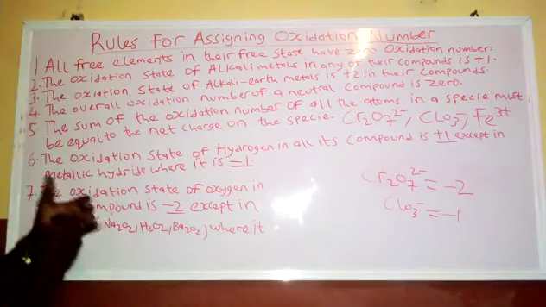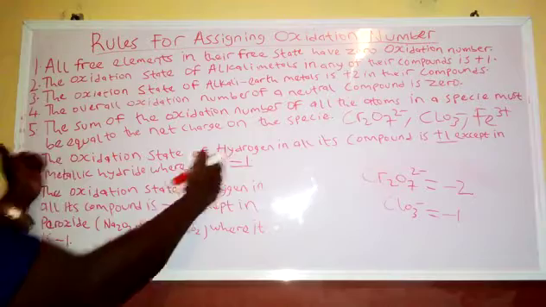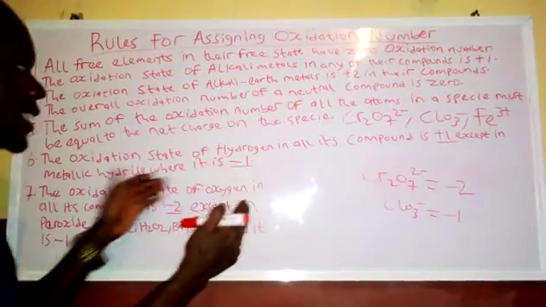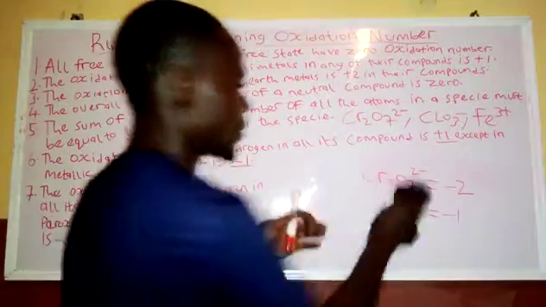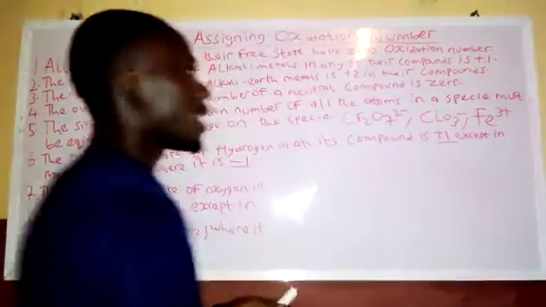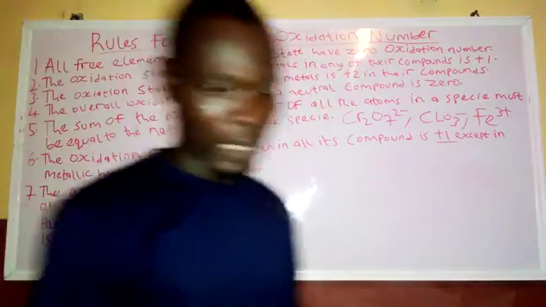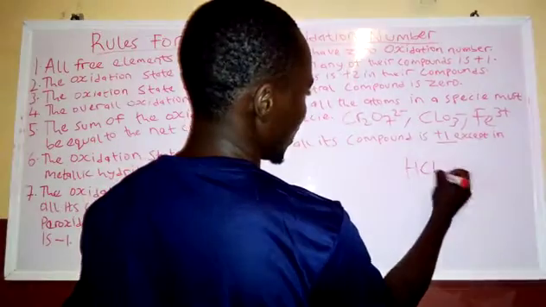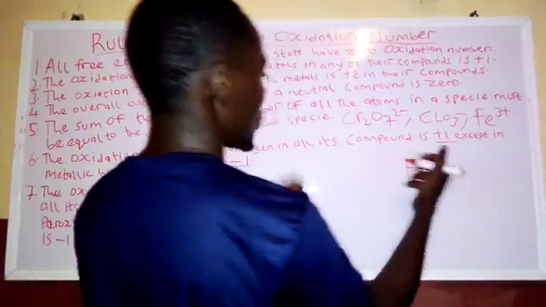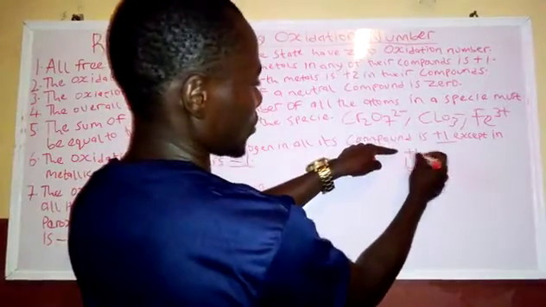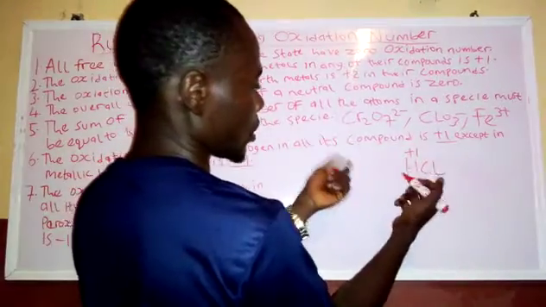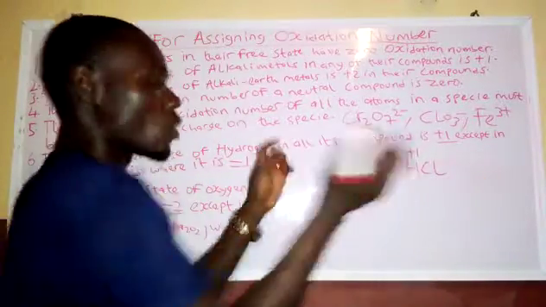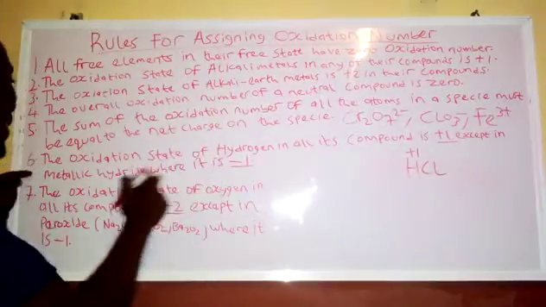Now another rule says the oxidation state of hydrogen in its compounds is plus 1 except in metallic hydrides, where it is minus 1. Let me show you that hydrogen in all its compounds, wherever you see it, for example in hydrogen chloride HCl, the oxidation number of hydrogen is plus 1. Are you getting it? In HCl it is plus 1. Now we can determine it for chlorine here. Any compound you see, it's plus 1 except in metallic hydrides.